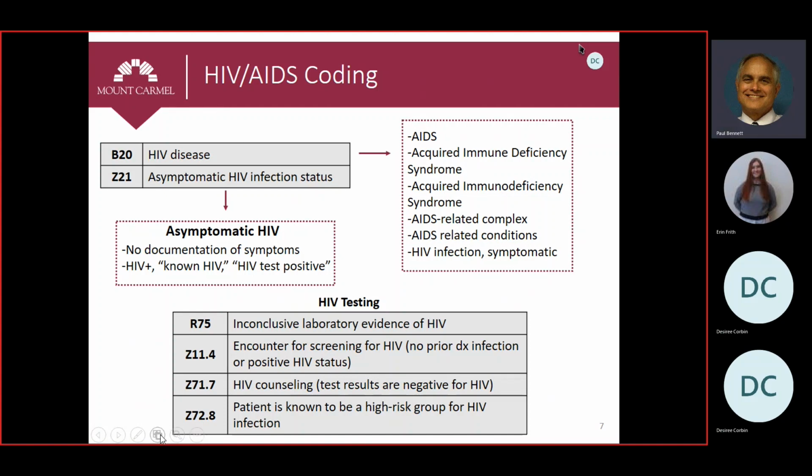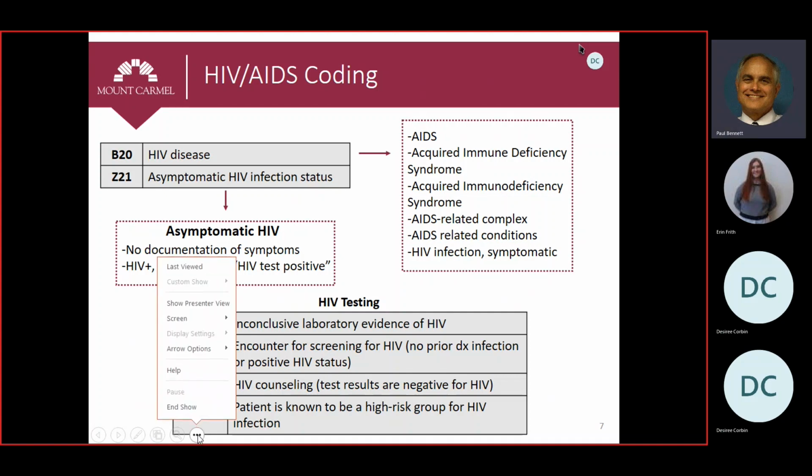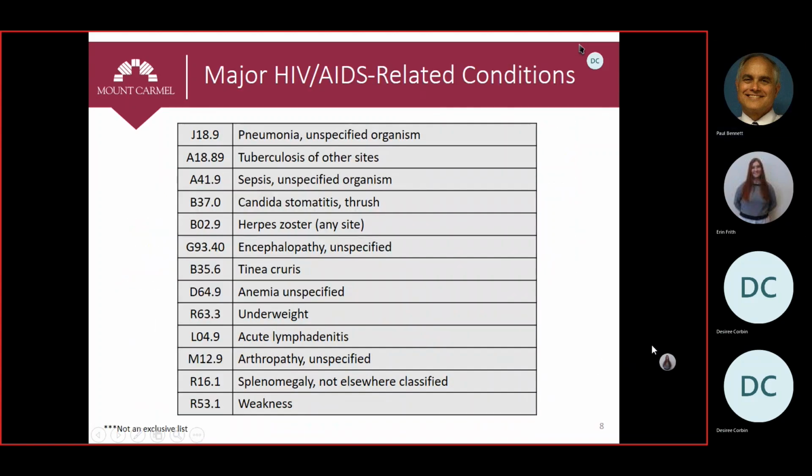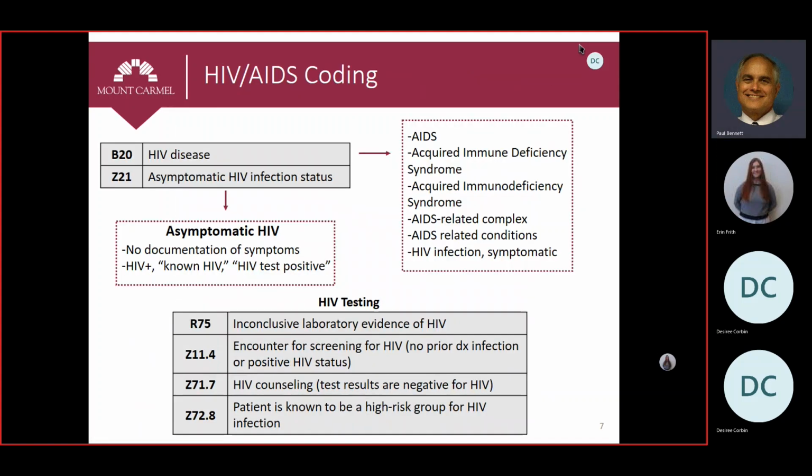When treating asymptomatic patients who test HIV positive, providers can use code Z21, asymptomatic HIV infection status. For coders, Z21 is selected if the provider does not document any symptoms, but states HIV positive, known HIV, or HIV test positive anywhere in the documentation.